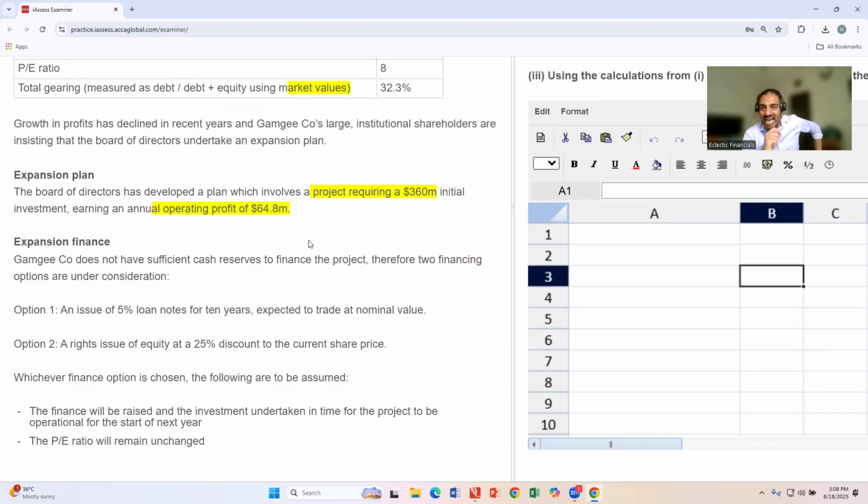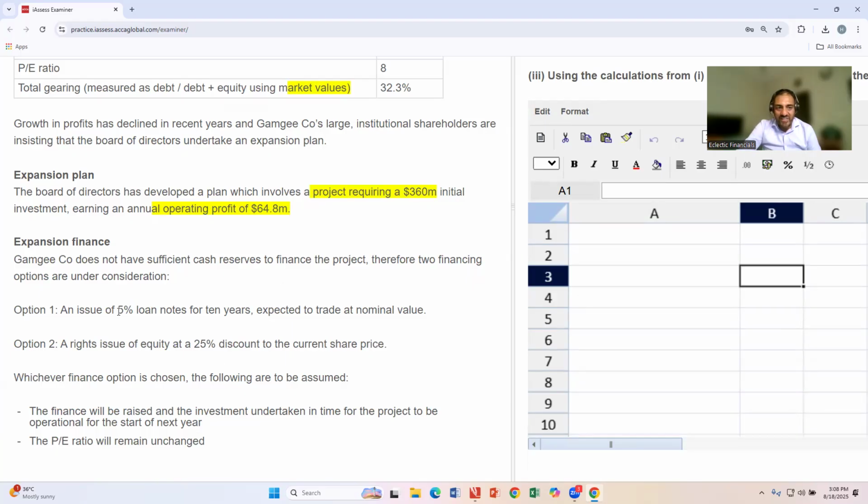Expansion finance. Gemgee company does not have sufficient cash reserves to finance the project. Therefore, two financing options are under consideration.